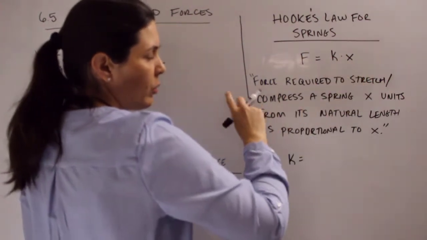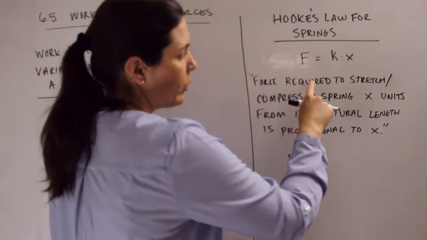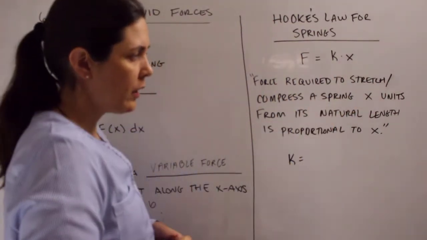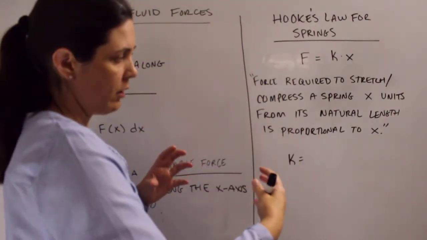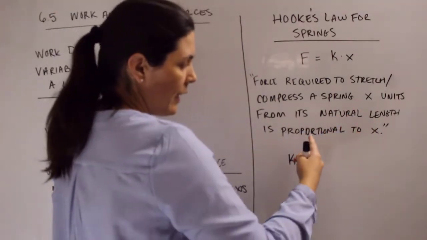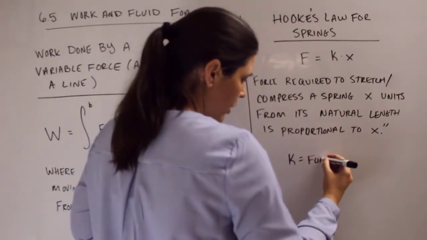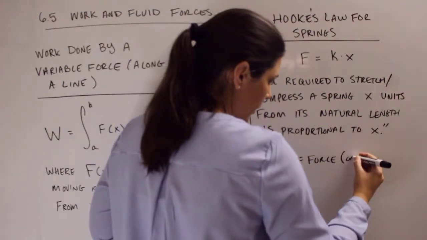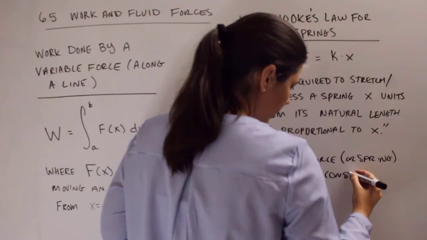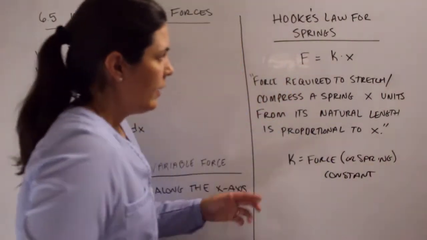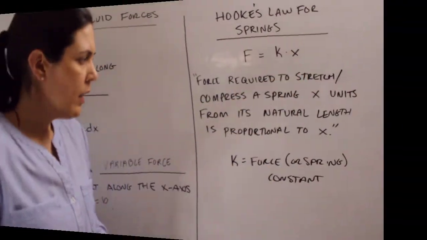You can translate this: the force required to stretch or compress a spring x units from its natural length is proportional to x. k is the force constant, or sometimes you'll hear spring constant. So force is some value times how much you're moving the spring.